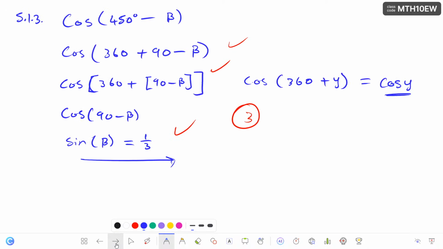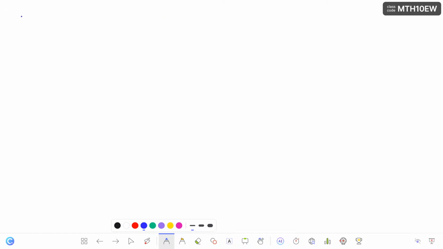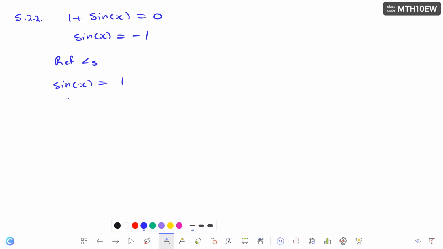So let's try to solve that. 5.2.2, 1 plus sine x is equal to 0. So you're going to say sine x is equal to negative 1. So this one is a reference angle. So you're going to say sine x is equal to 1, so x is equal to sine inverse of 1.